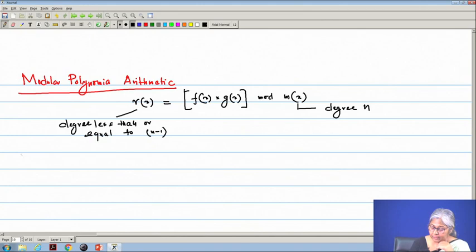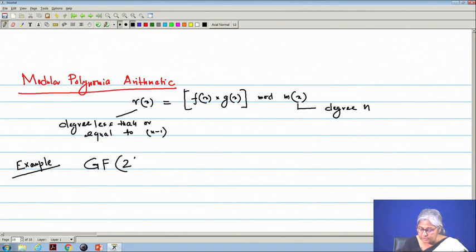So, we are taking one example where we choose the irreducible polynomial, working in the Galois field GF 2 to the power 8.